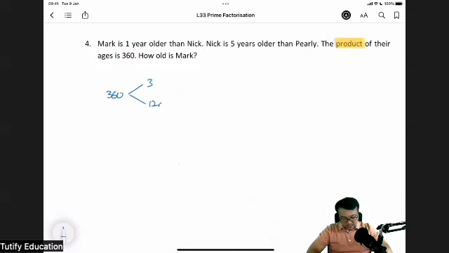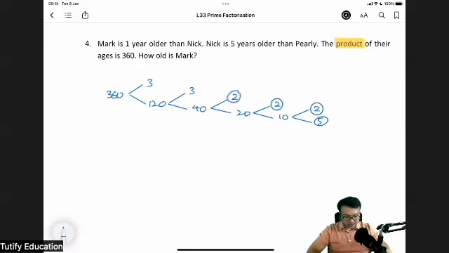Then 120 goes to 3 and 40. 40 can go to 2 and 20. 20 goes to 2 and 10. 10 goes to 2 and 5. Fair enough. So we'll get all the prime factors here. And we'll write down 360 equals.